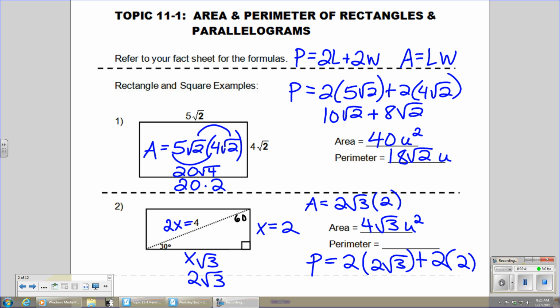This time, they're not both square roots, so we cannot add those together. So we get 4 square root of 3 plus 4, and it doesn't say to round unless it specifies to round. We're going to leave it in exact form. This is the exact value of the perimeter, 4 square root of 3 plus 4 units.